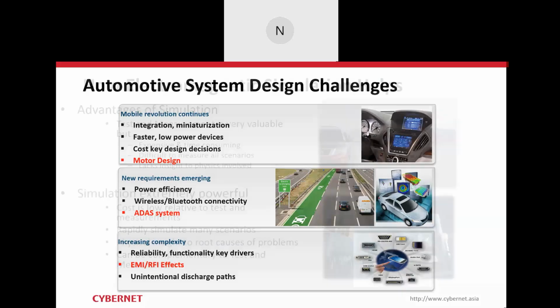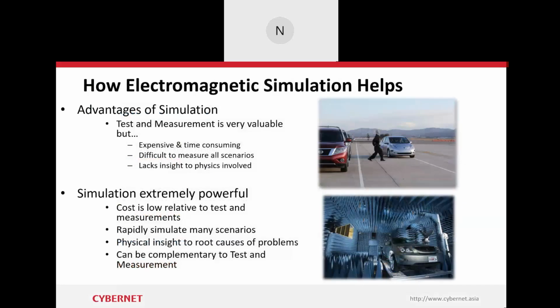So let's go to why we need electronic simulations. The advantage of simulation is that it helps you do the testing and the measurement. It reduces your cost, because simulation will not replace the measurement.